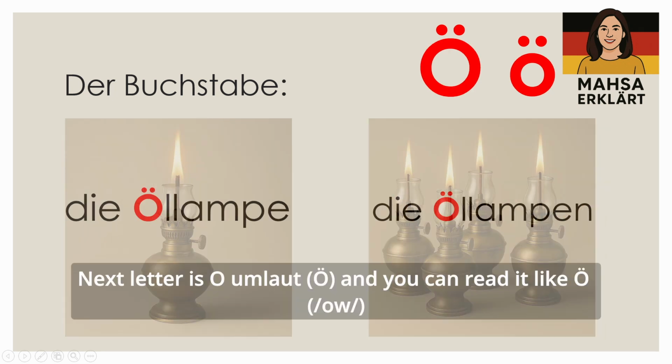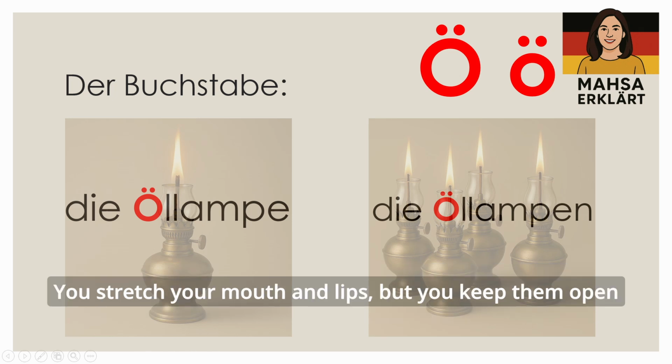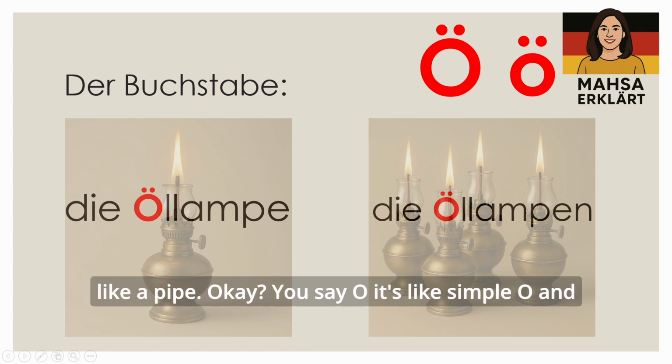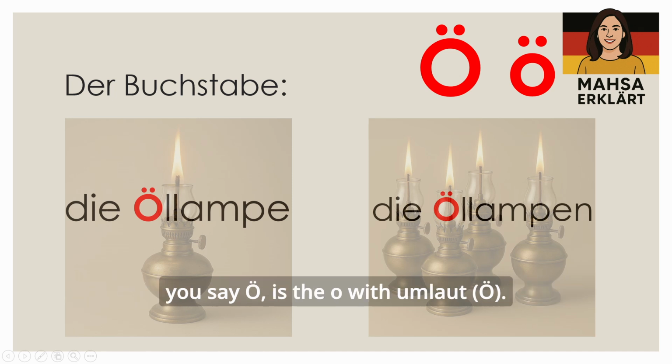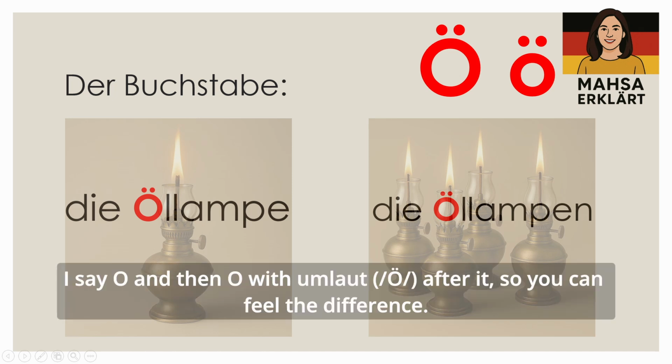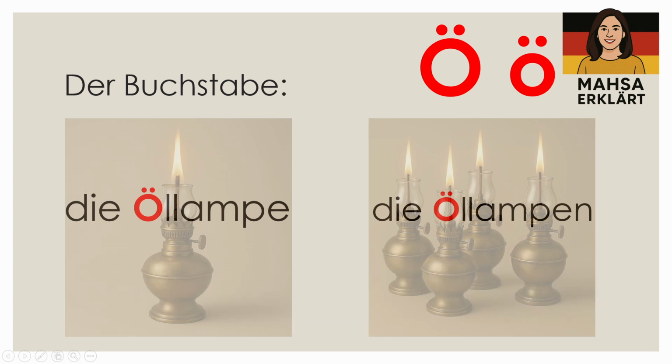Ärztin. Next letter is O umlaut, and you can read it like Ö. You stretch your mouth and lips, but you keep them open like a pipe. Okay? You say O, it's like simple O, and you say Ö, the O with umlaut. I say O and then O umlaut after it, so you can feel the difference.